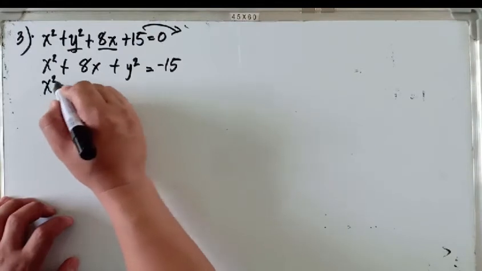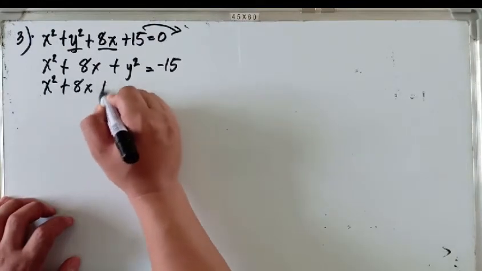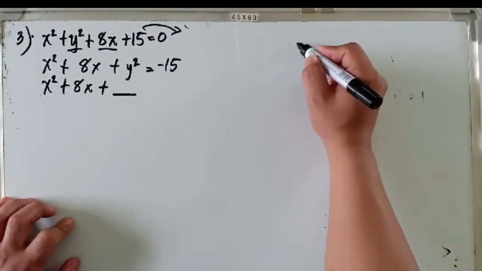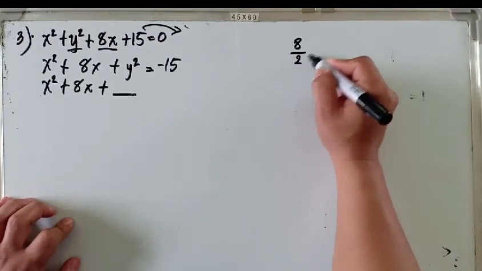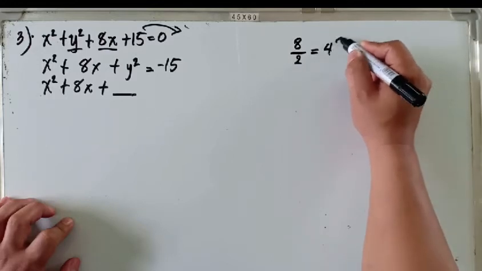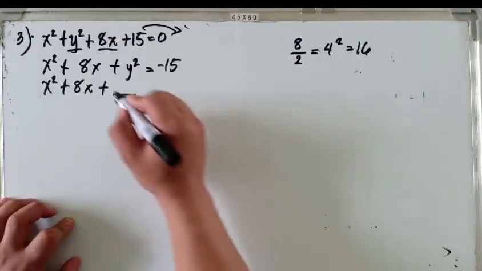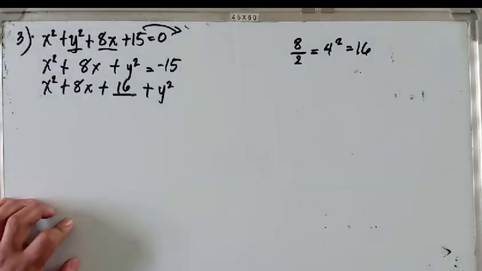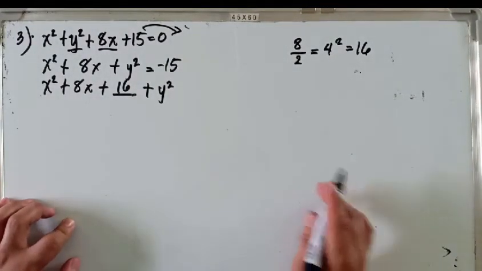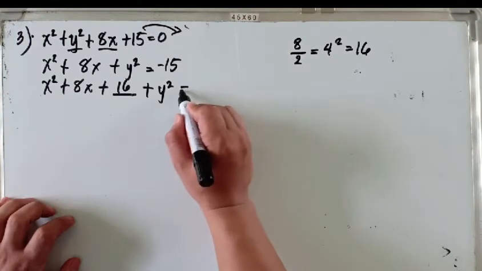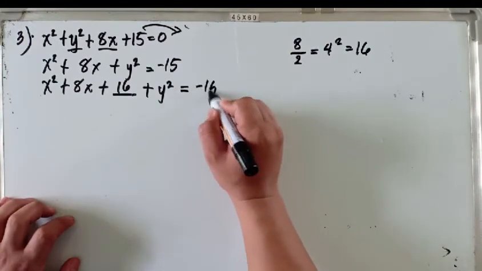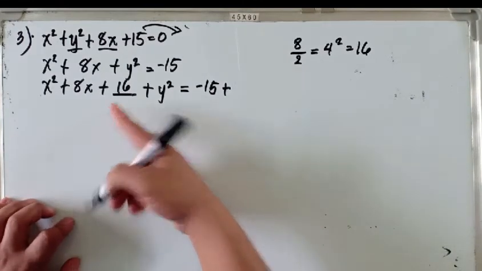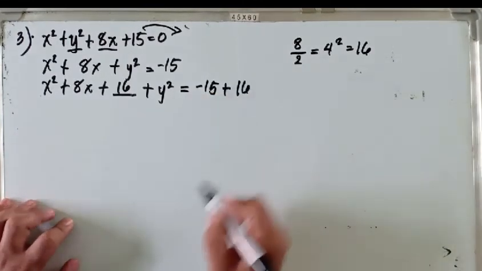Now, proceed to completing the square. We have x squared plus 8x plus a certain value. What is that value? First, we get half of 8, that's 4, then get the square of it, that's 16. Plus y squared. Since we don't have a linear term in the y variable, just leave it that way. Then copy negative 15 and add whatever constant was added on the left side of the equation, and that is positive 16.